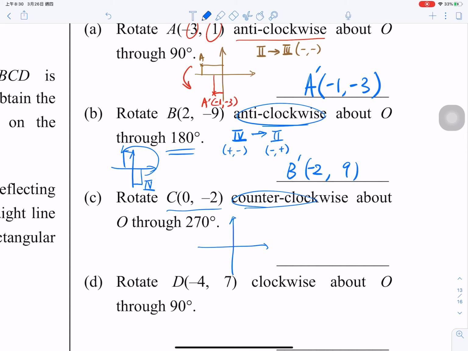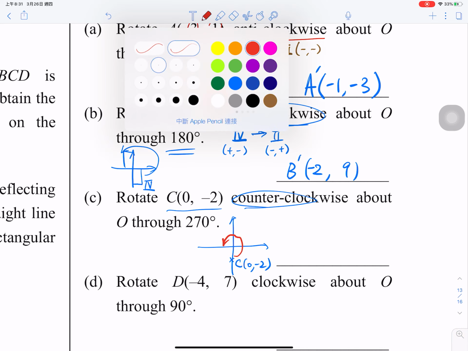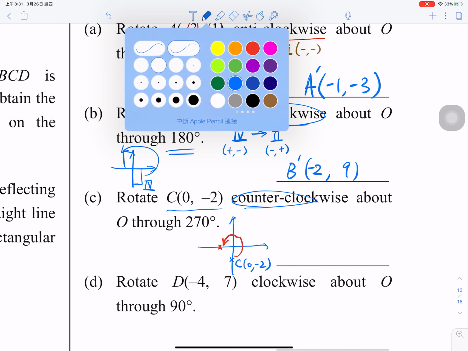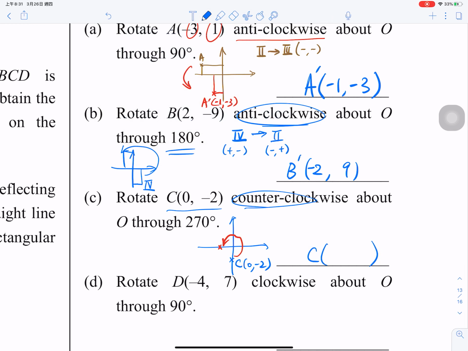And you see that 0, -2 is here. Anti-clockwise, that means counterclockwise, about O through 270. That means 1, 2, 3, up to here. So what is the final position? Yeah, here. And you know that it should be -2, 0. Yeah, correct.